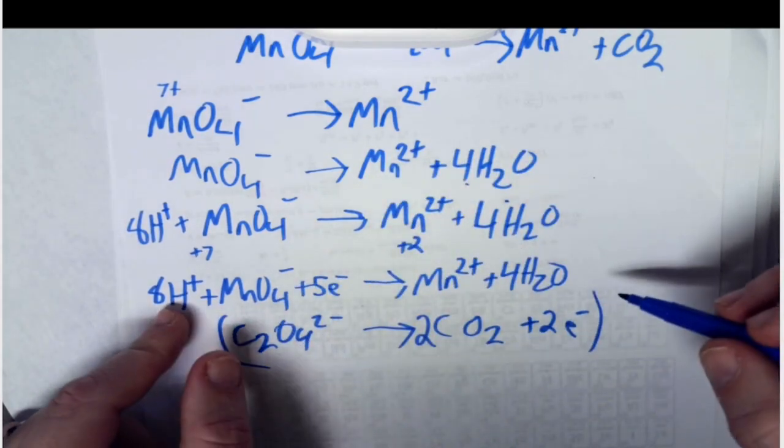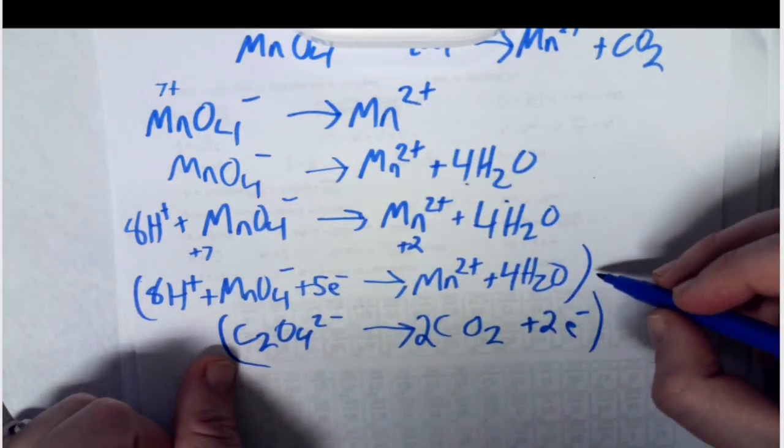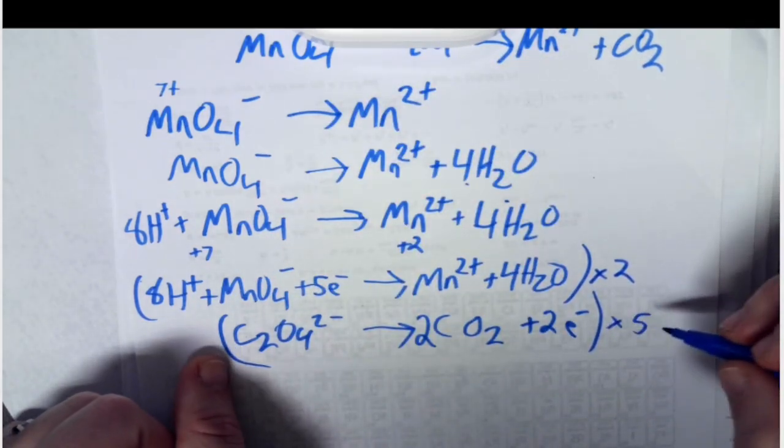With that in mind, the greatest common factor between 2 and 5 is 10. So this whole thing needs to be multiplied by 2, and this whole thing needs to be multiplied by 5.